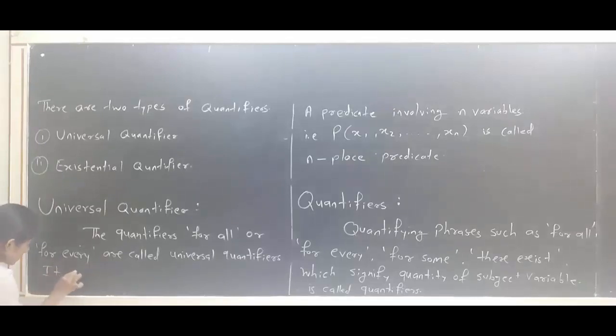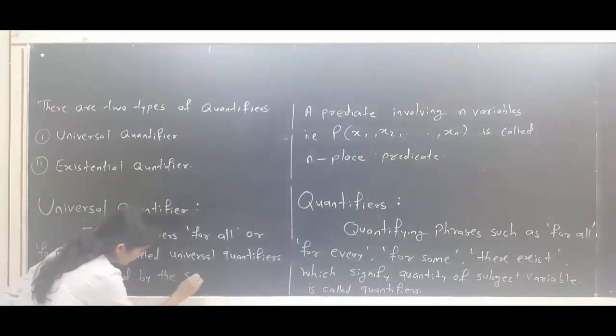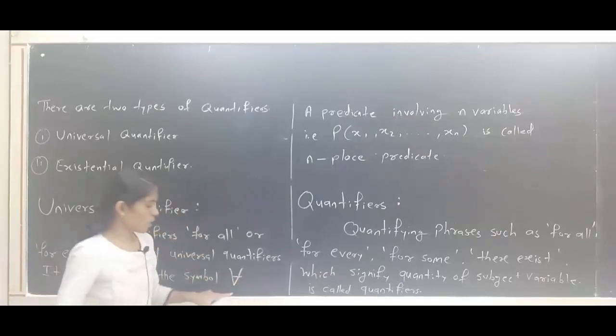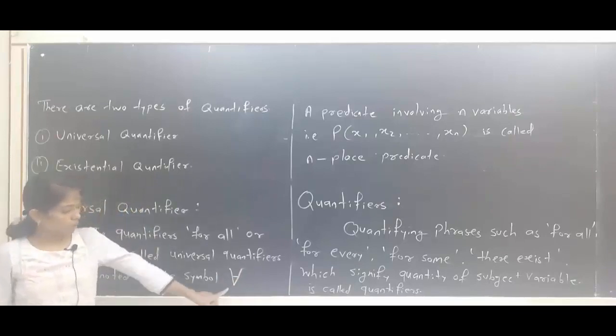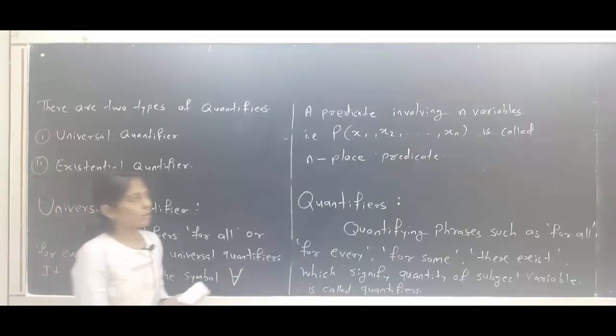It is denoted by the symbol for all or for every. So this is the symbol for universal quantifier, for all, for every.